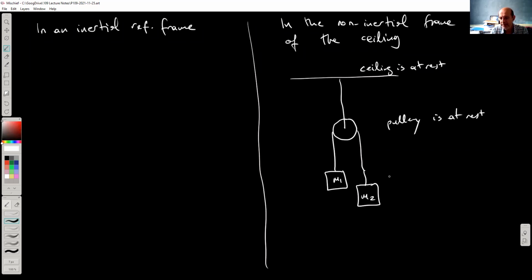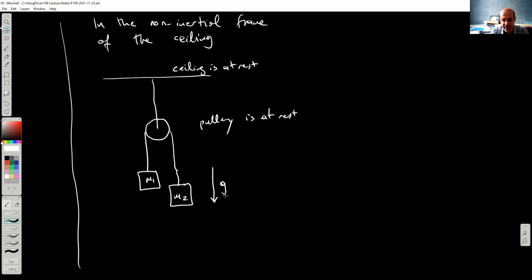There is a gravity here. Let me call this G. That's the real gravity. So that's 10 meters per second squared. In addition to that, plus, there is actually a fictitious gravity. Just keep in mind that as a vector, this is opposite to the acceleration of the reference frame.